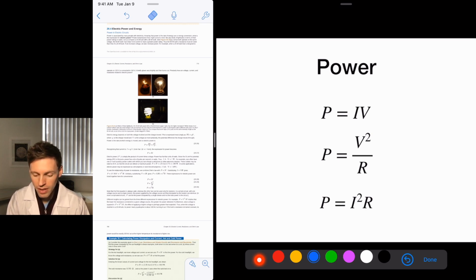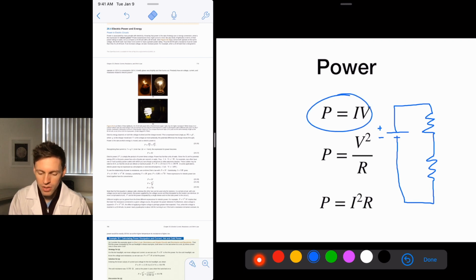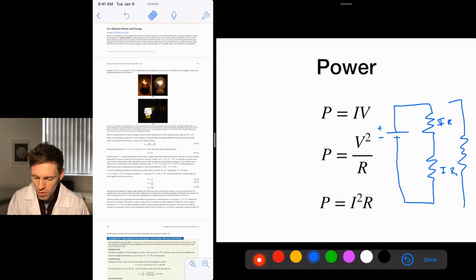Now, one of the things is you could have a battery like this with the plus and the minus, and then you can have 1 resistor and 2 resistors. This equation and all these equations can be used for either IR here or IR here, or imagining this as one circuit and having just one IR.